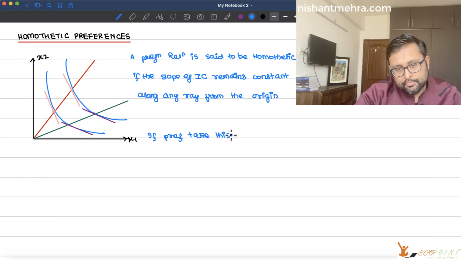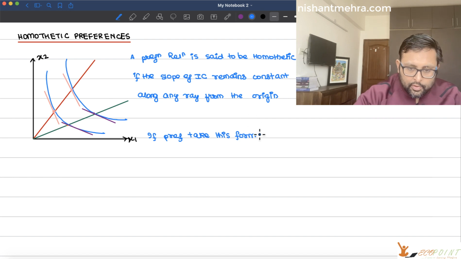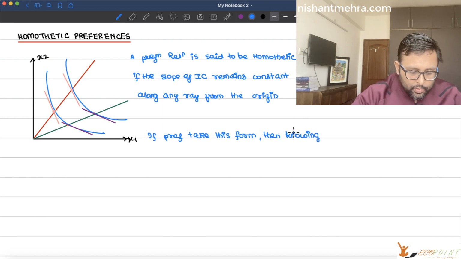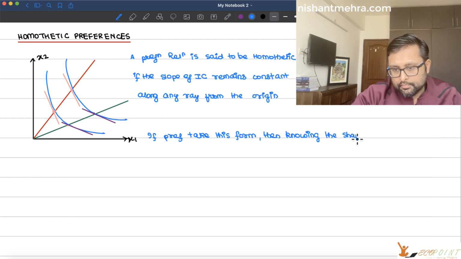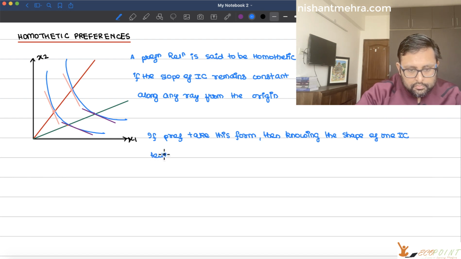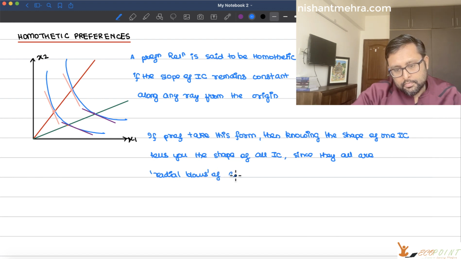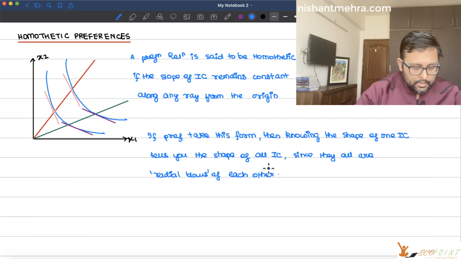So if preferences take this form, then knowing the shape of one indifference curve tells you the shape of all indifference curves, since they all are radial blowups of each other.